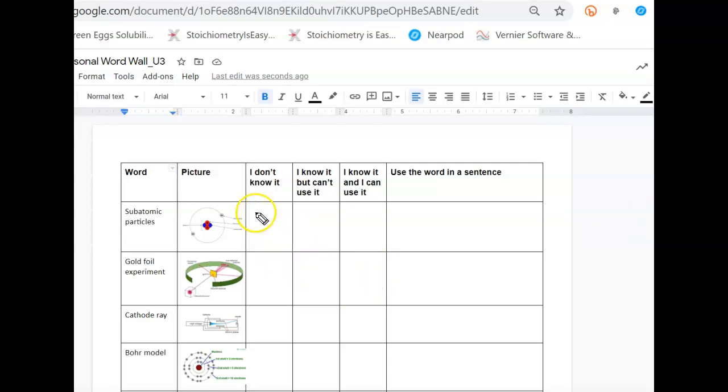Let's say if I did not know a term, I would write down X, I don't know it. If I did know the term, I would mark it as an X, and then I would type in myself a sentence that explains what that term is.